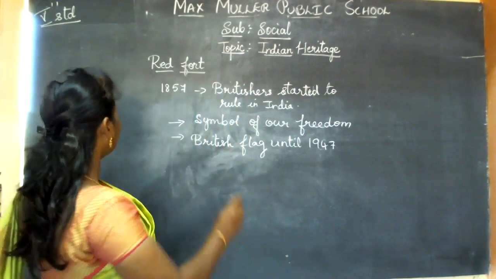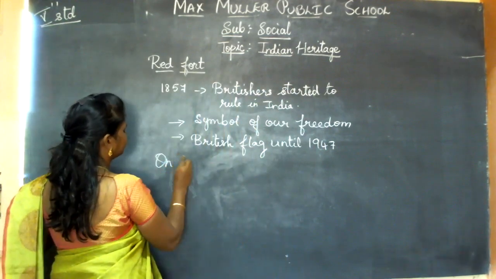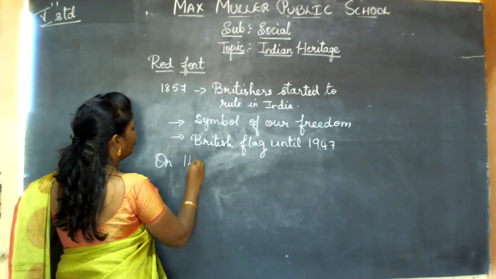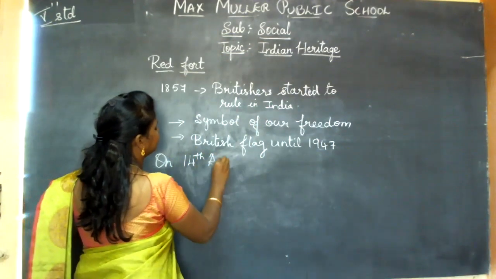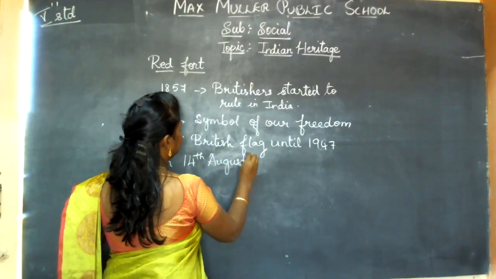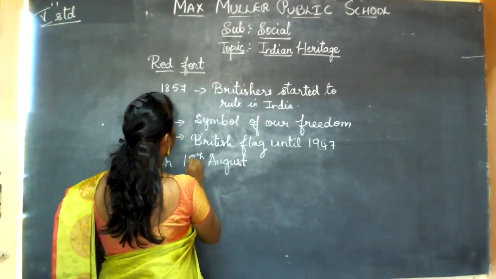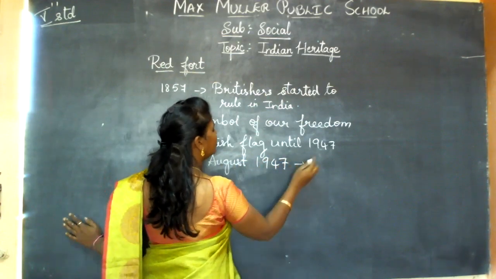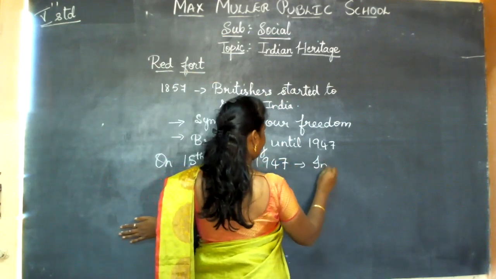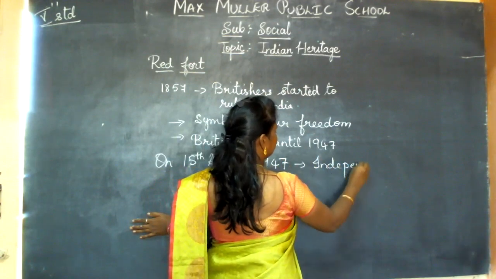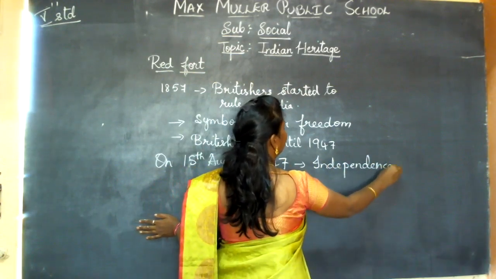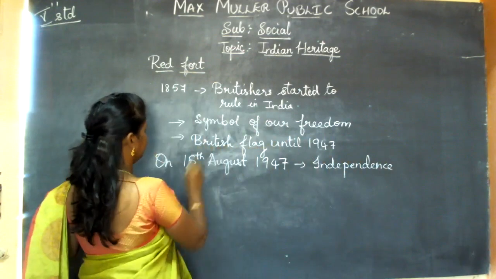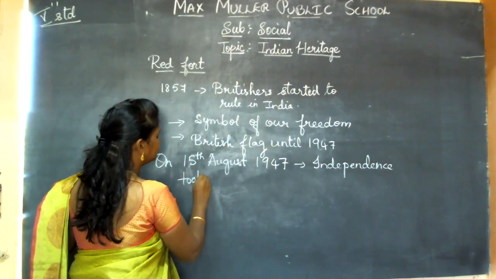So on 14th August midnight, that is on 15th August 1947, we got independence.